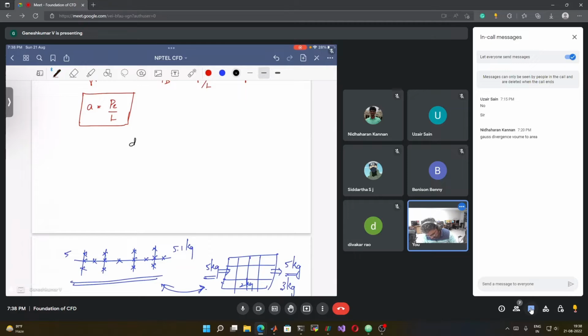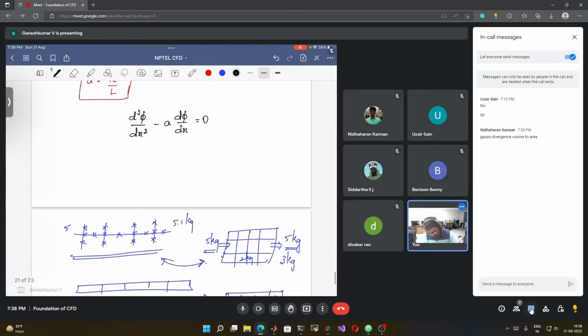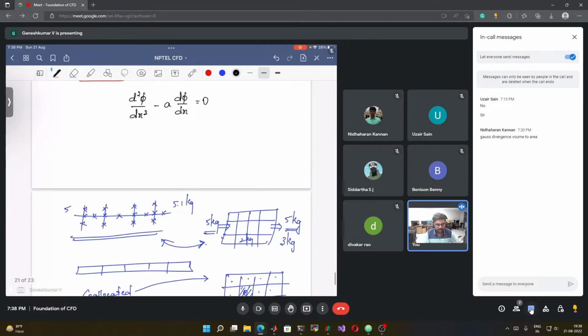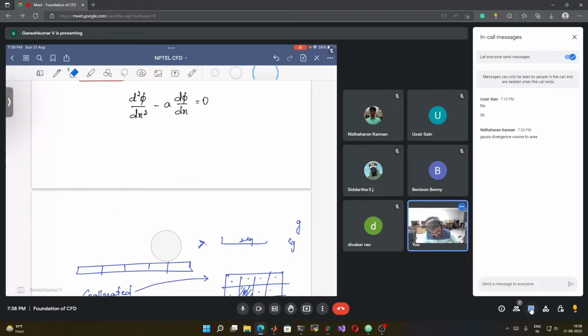If we solve this differential equation, what happens? d square phi by dx square minus a times dphi by dx. We all know how to solve this equation; it's a second order ordinary differential equation. So how do we solve it?